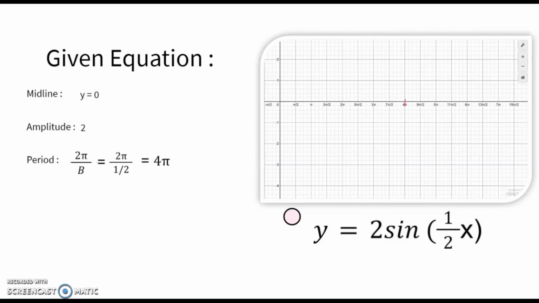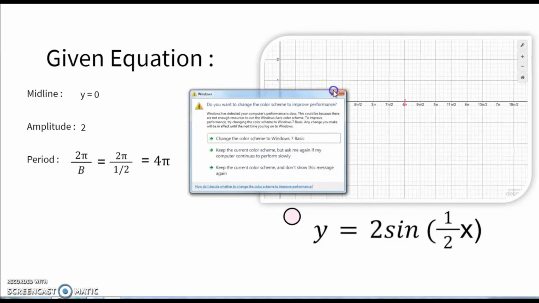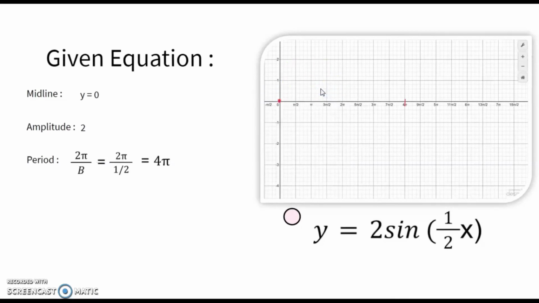So let's put them all together. First you put a point at the origin (0, 0), since we have no horizontal or vertical shift, and since this is where sine graphs start. Then we take a quarter of the period, which is π, and we plot it at the maximum.